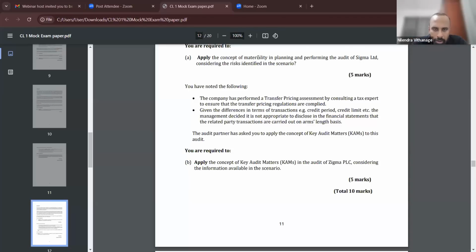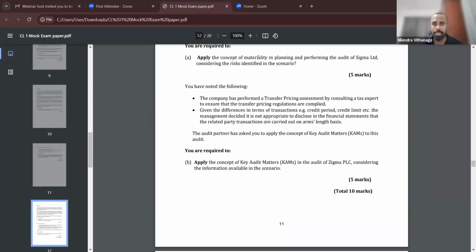You have noted the following. The company has performed a transfer pricing assessment by consulting a tax expert to ensure that the transfer pricing regulations are complied with.